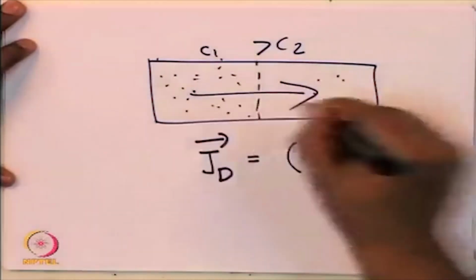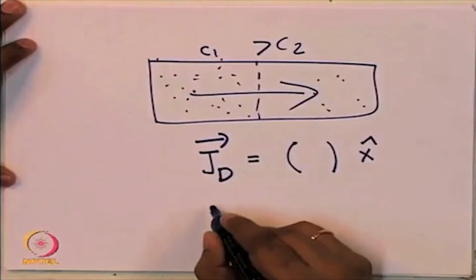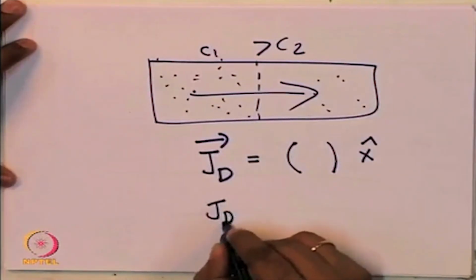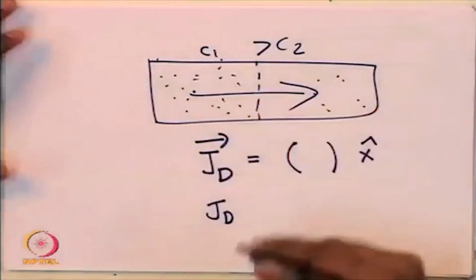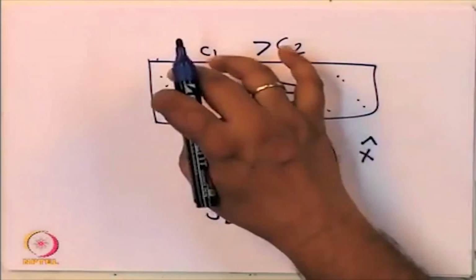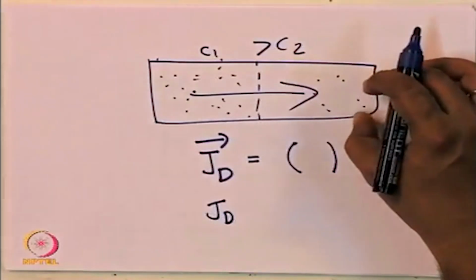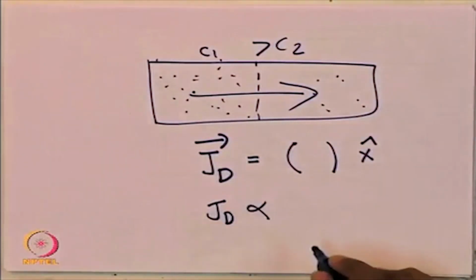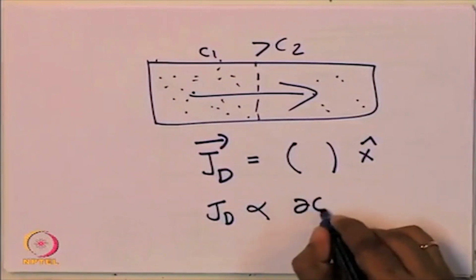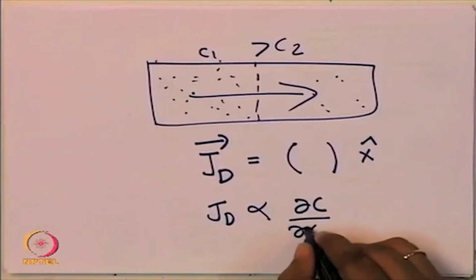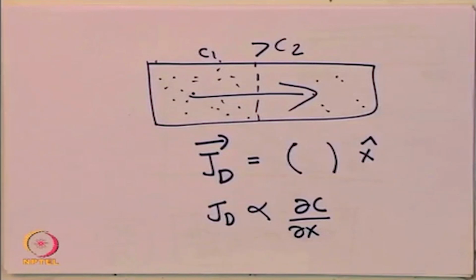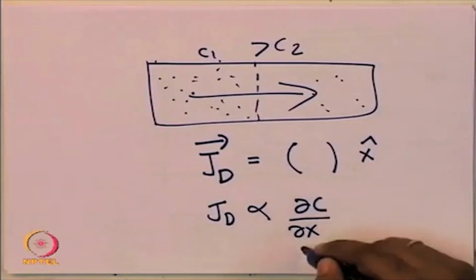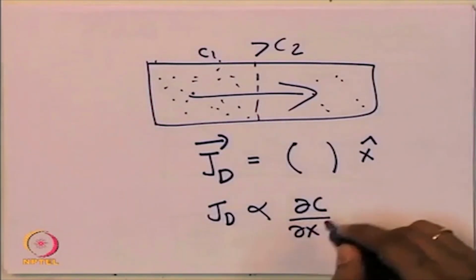We can also guess that the more the concentration difference, the more the flow is. If there is a large concentration here and a small concentration here, the more it will flow. So, this is proportional to del c by del x. This much is also clear.